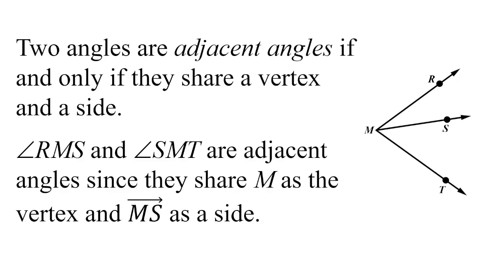One thing I want to note is that those two angles do not overlap. Adjacent angles don't overlap. They're just next to each other. So angle RMS and angle SMT are right next to each other. Those are adjacent angles.